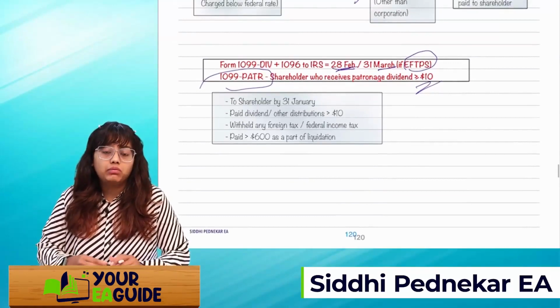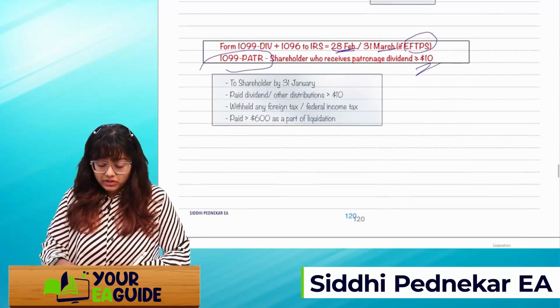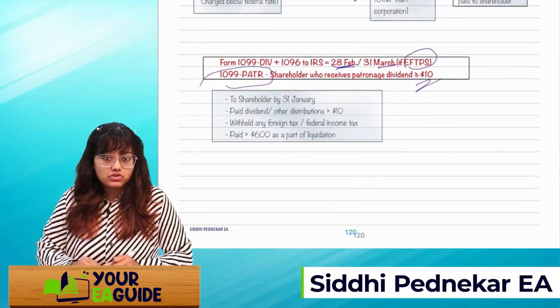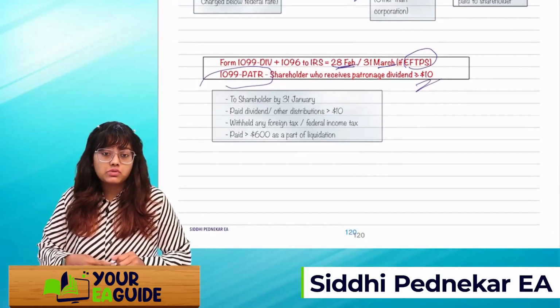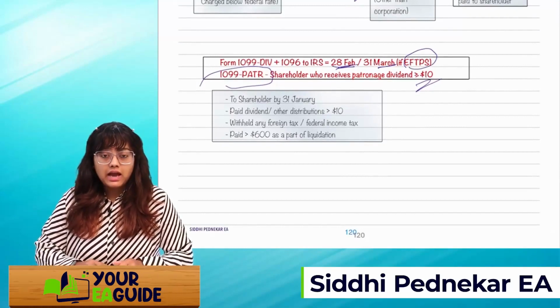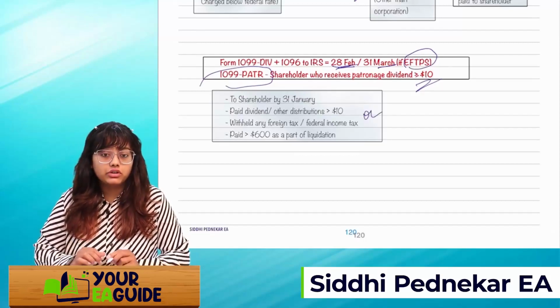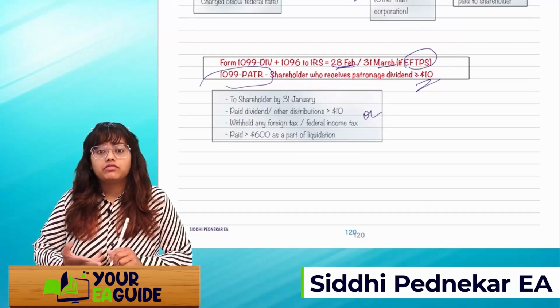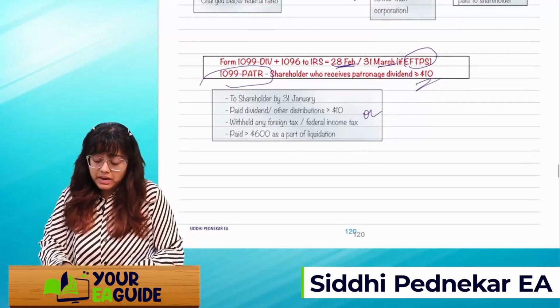The company will provide this 1099-DIV to the shareholders by 31st of March. This applies if the dividend or other distribution is above $10, or if there is any withholding of taxes, and if the amount paid is more than $600 as part of liquidation.